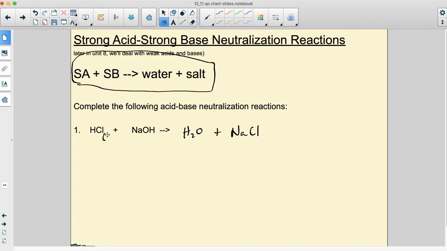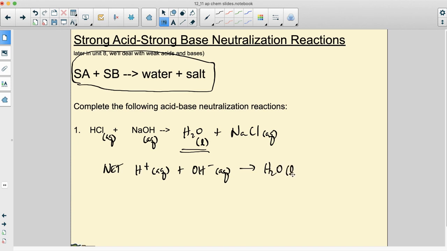We can see that this will be aqueous, H2O is a liquid, and NaCl is aqueous. So the net ionic is the formation of water. The net is H+ aqueous plus OH- aqueous, and we form H2O liquid. And that will be the net ionic equation for all strong acid, strong base neutralizations.